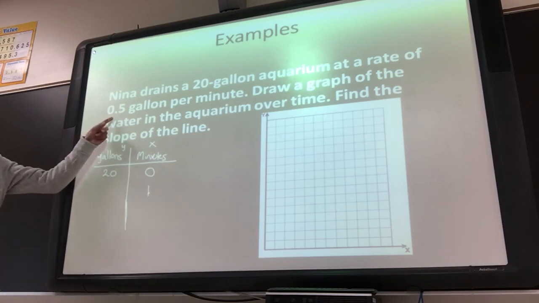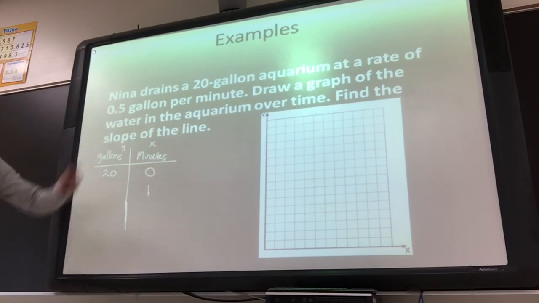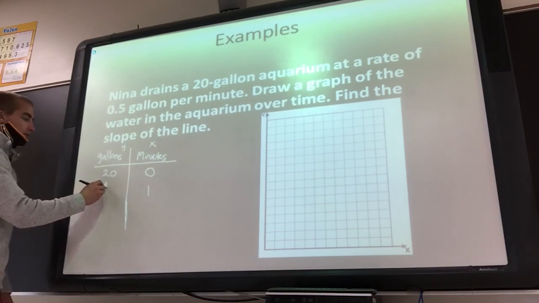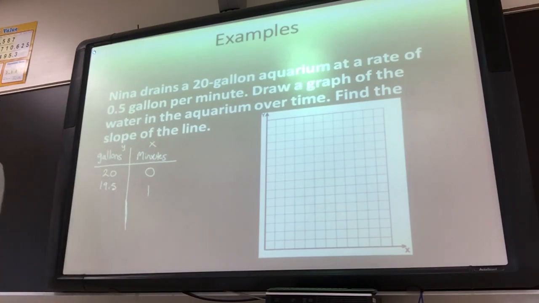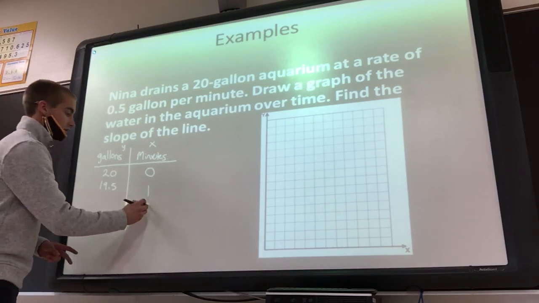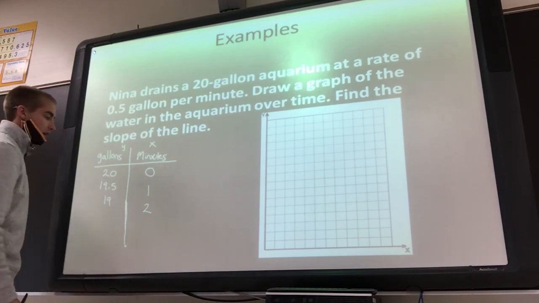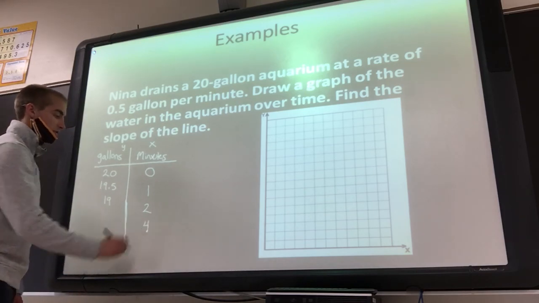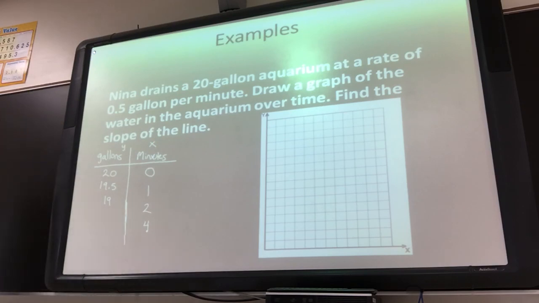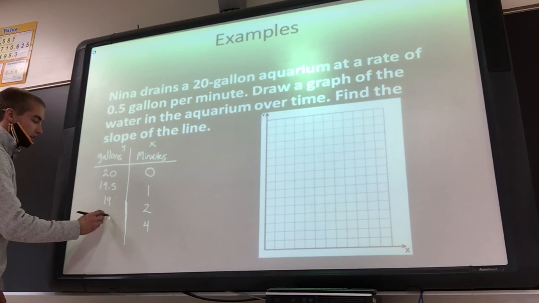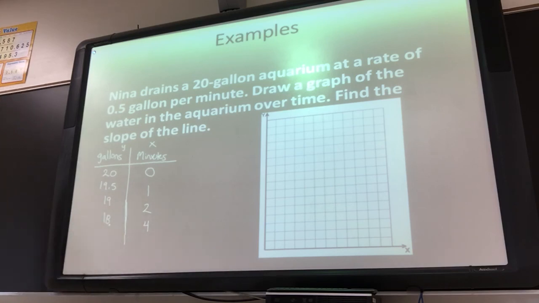So half a gallon in 1 minute, take away half a gallon. 19.5, right? So after 2 minutes, we're at 19 gallons. After 4 minutes, we're at 18 gallons. Every 2 minutes, 1 gallon is being taken away.